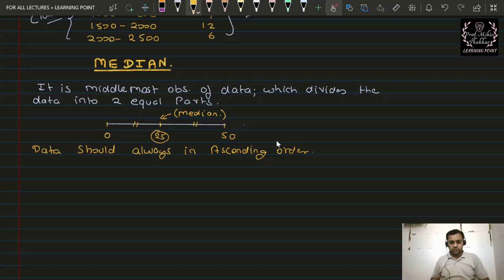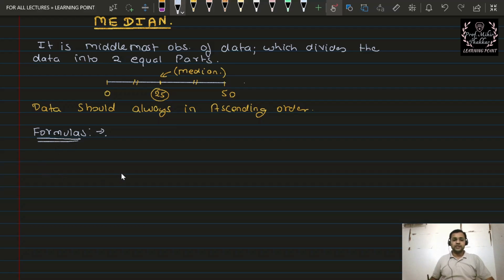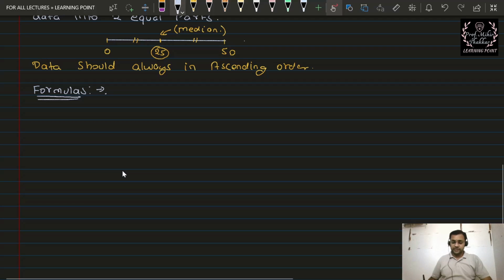Now let us proceed on to the formulas. We will be studying the formulas for the median depending on the type of the data that you are given in the question. Now, because there are three types of data, we will be studying three different formulas based on the median.